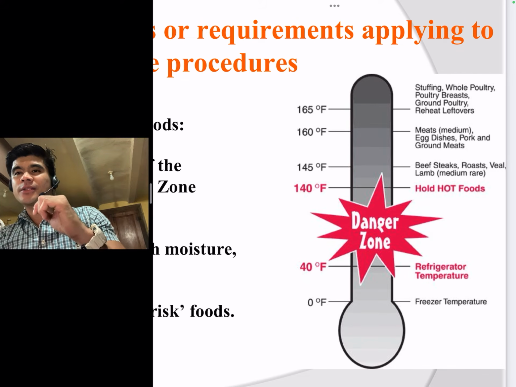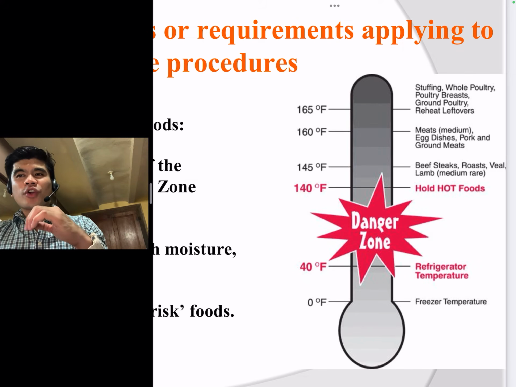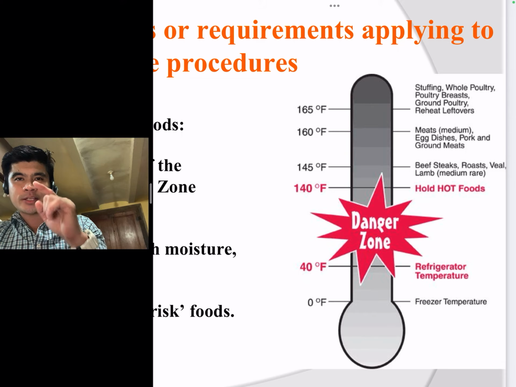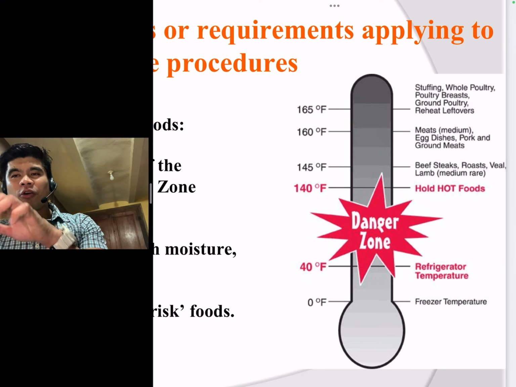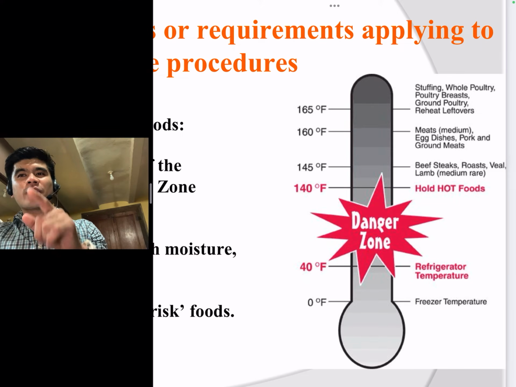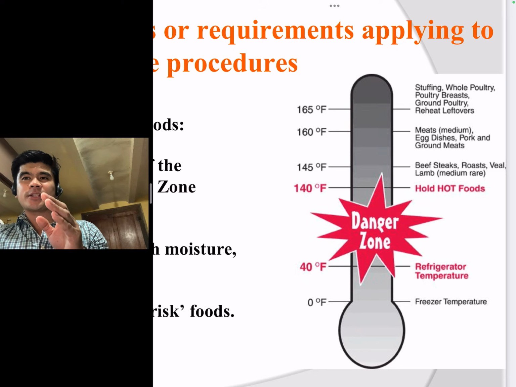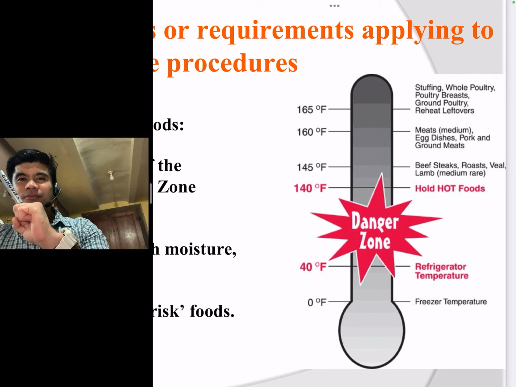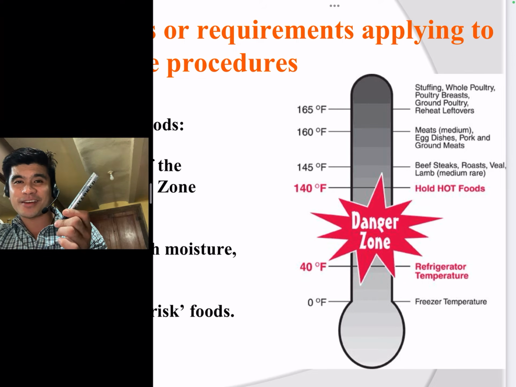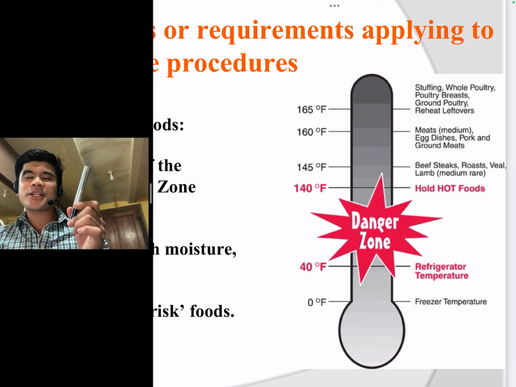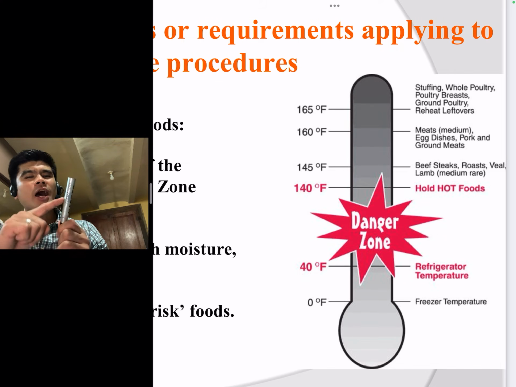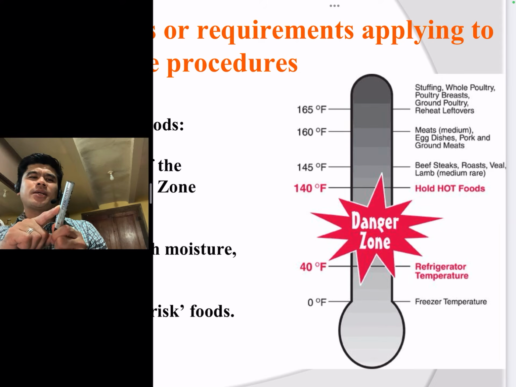But whenever you are serving steak, it says here the correct temperature for serving a steak is 145 degrees Fahrenheit. So you check the steak and take it out, and I'm just assuming this is the food thermometer, and it gives you a temperature of 130.